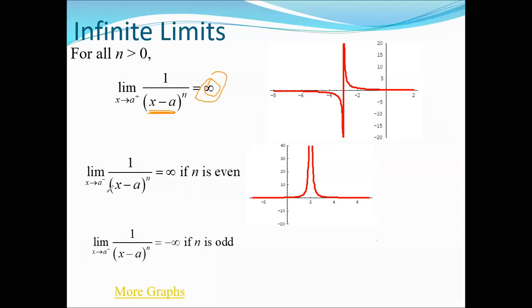If from the negative side, we get a negative term because x is small and a is greater, so we get a negative term in this bracket. And with power n, depending upon power n, if the power is even, then negative to the power is positive, and it is negative if the power is an odd number. So an odd power of a negative is again negative, so we get minus infinity.